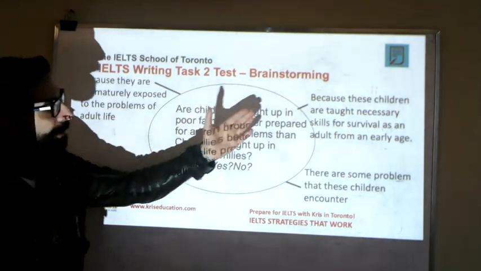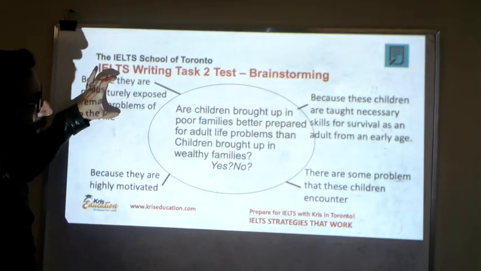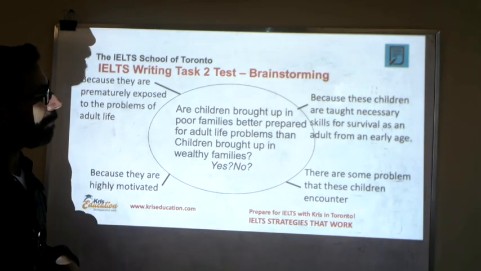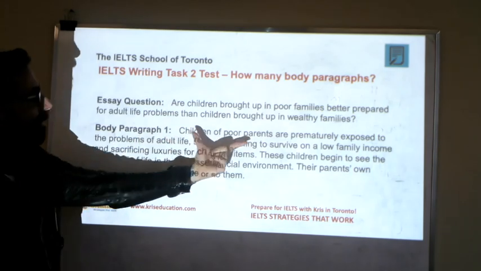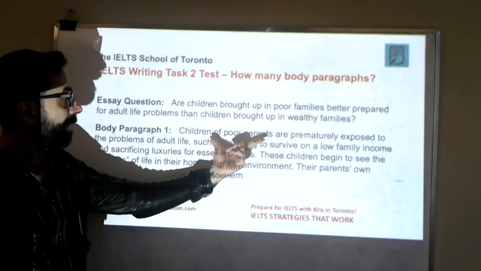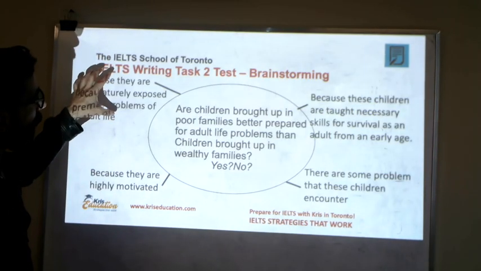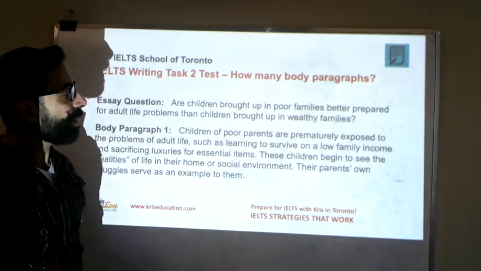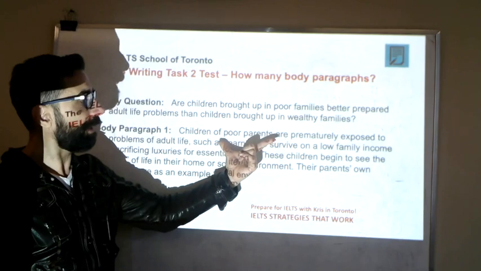So we've got 4 ideas, and what happens is idea number 1 becomes the topic sentence of body paragraph number 1. So this is the topic sentence. You simply copy and paste from here. So in the topic sentence, you need to say something.